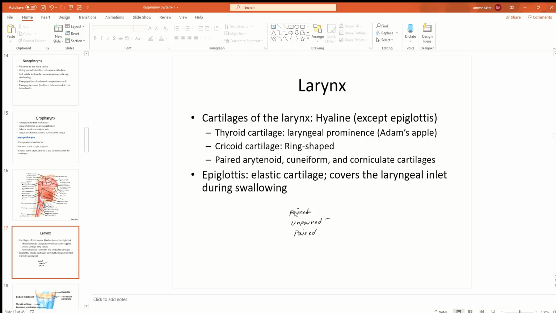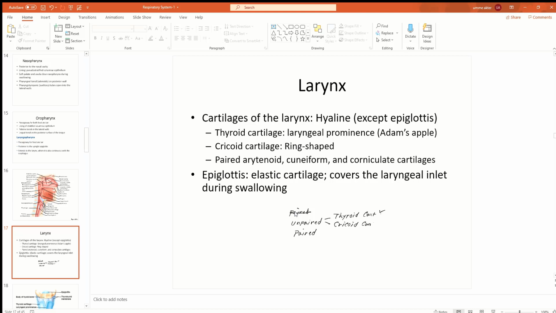Unpaired, only one, and these are larger. One is called the thyroid cartilage. Okay, cartilage. And second larger, this is the largest one by the way, and second larger is the cricoid cartilage, and these are only one piece.